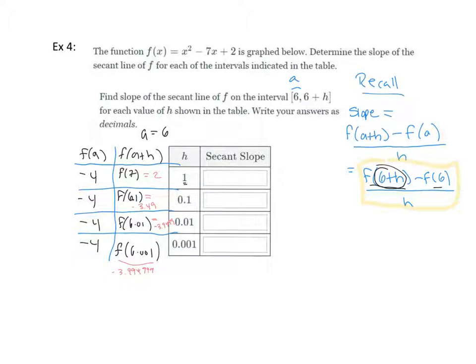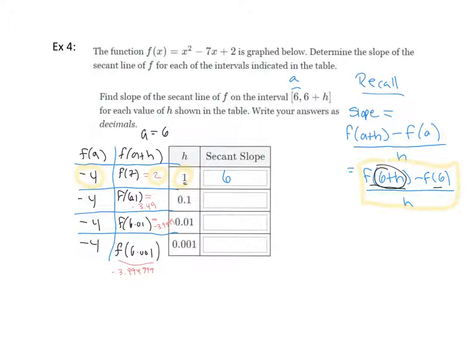And according to this on the right, we want to do this column, so 2 minus negative 4 divided by that, right? f of 6 plus h minus f of 6 over h. Okay, so I'll do the first one for you, and then I'll pause it, and you can try the rest, and then we'll check in. So 2 minus negative 4 divided by 1 ends up being 6. Okay, now you do the other ones and check in a second.